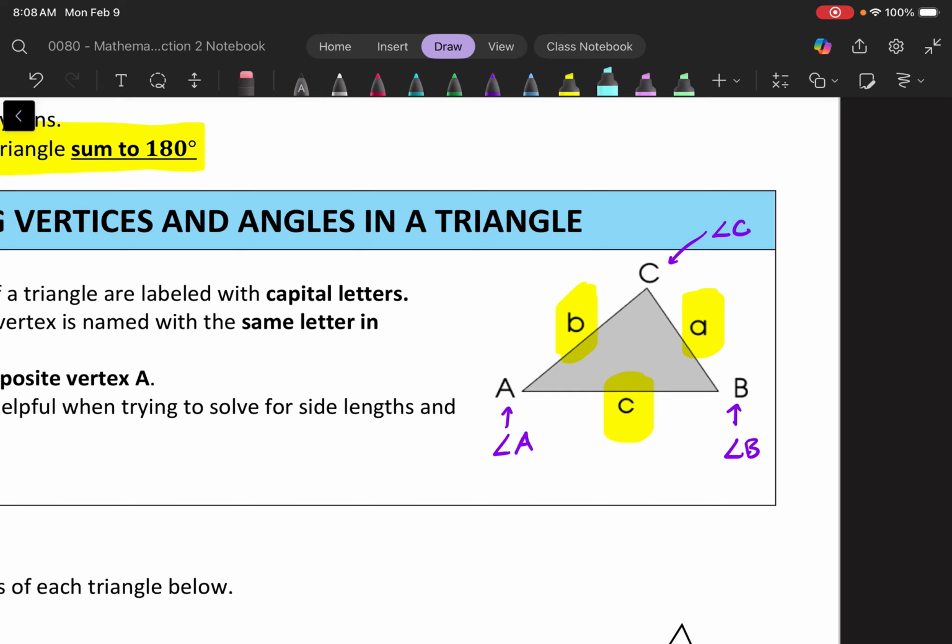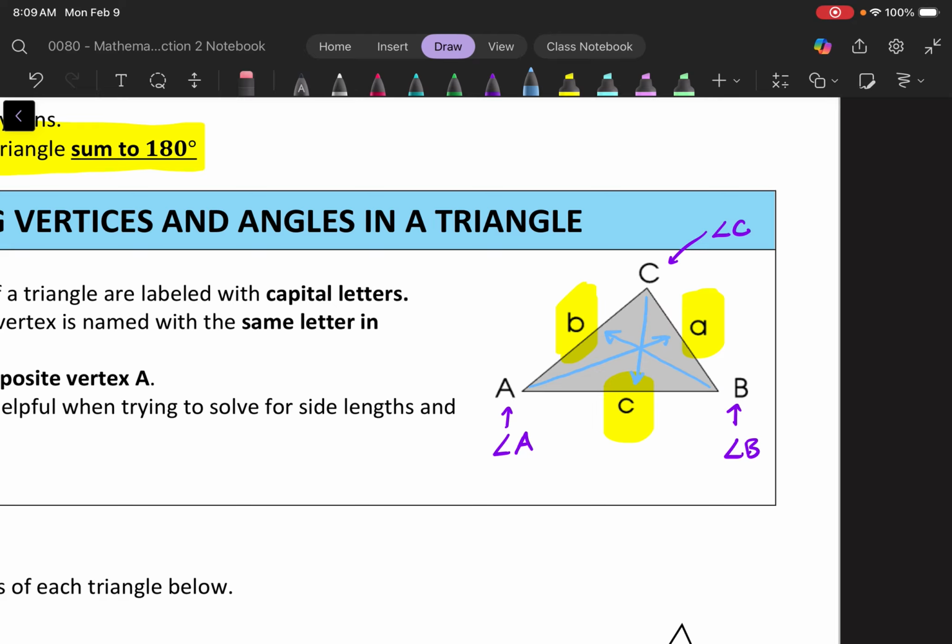The other thing you might notice is that they're the same letters as our angles. Now, the last thing you might have noticed is that all of the lowercase letters are the sides that are across from the capital letter angle.